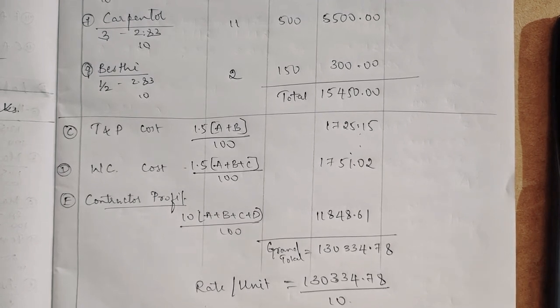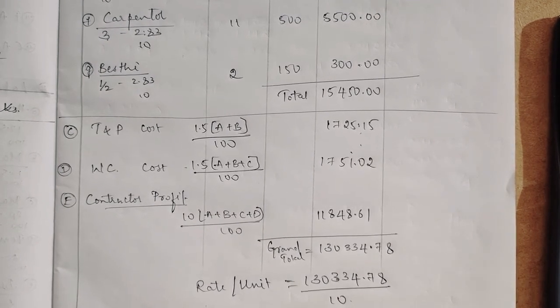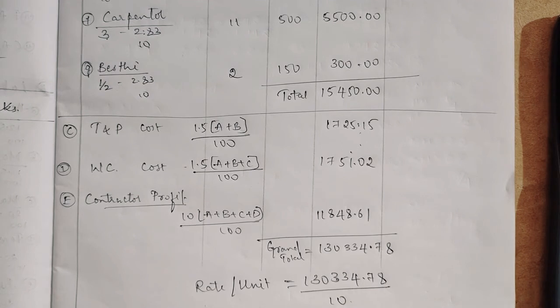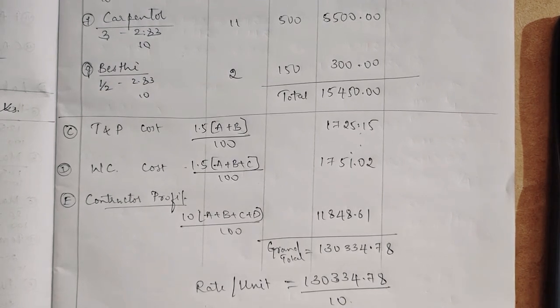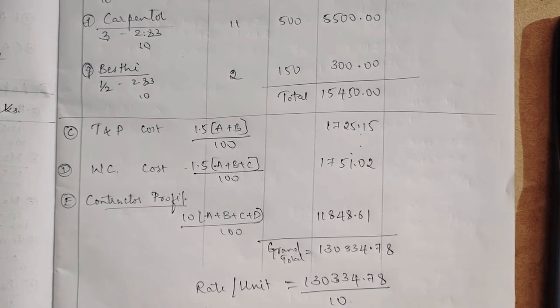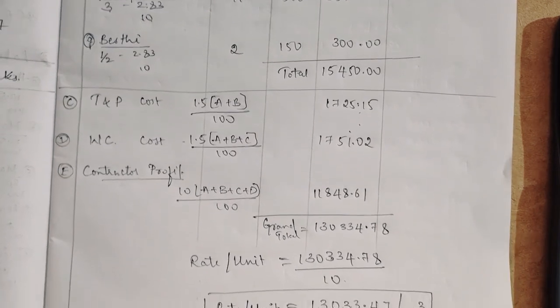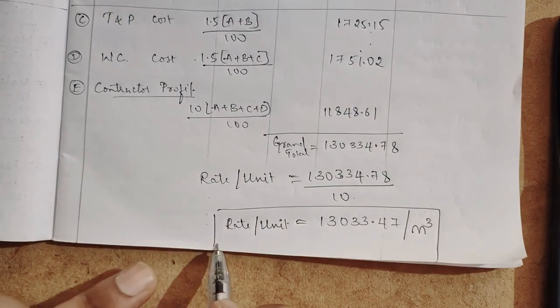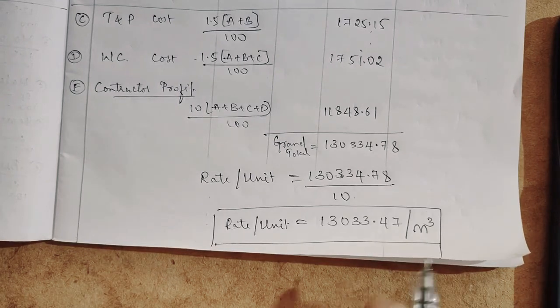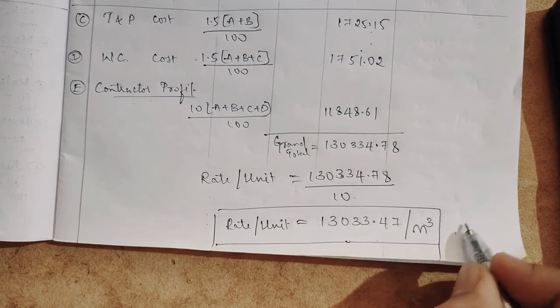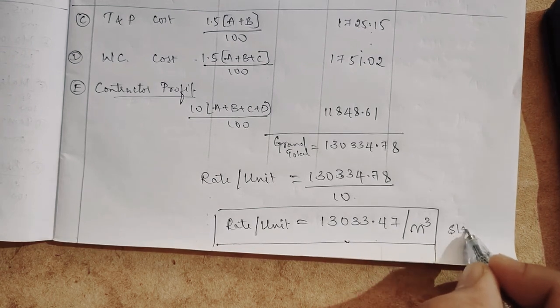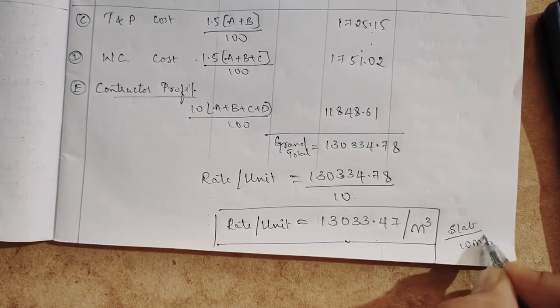So rate per unit is equal to 13,033.47 per meter cube for the slab work. So this is the rate per unit, that is 13,033.47 per meter cube. This much amount will be required for a slab work of 10 meter cube of work.